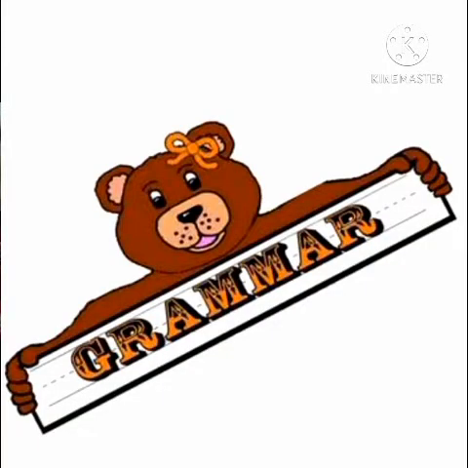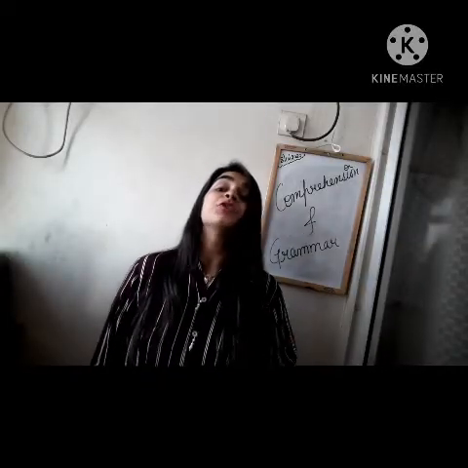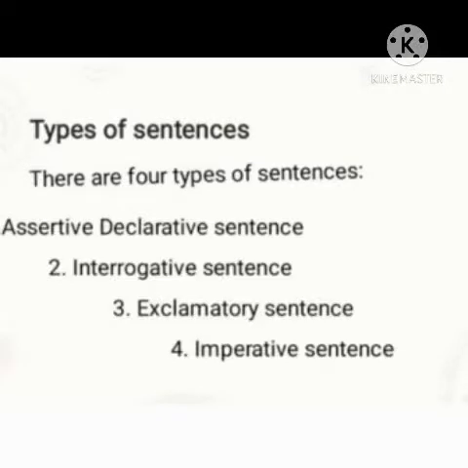Now let's start with grammar topics. Let's start with kinds of sentences. There are 4 types of sentences: assertive or declarative sentence, interrogative sentence, exclamatory sentence, and imperative sentence.